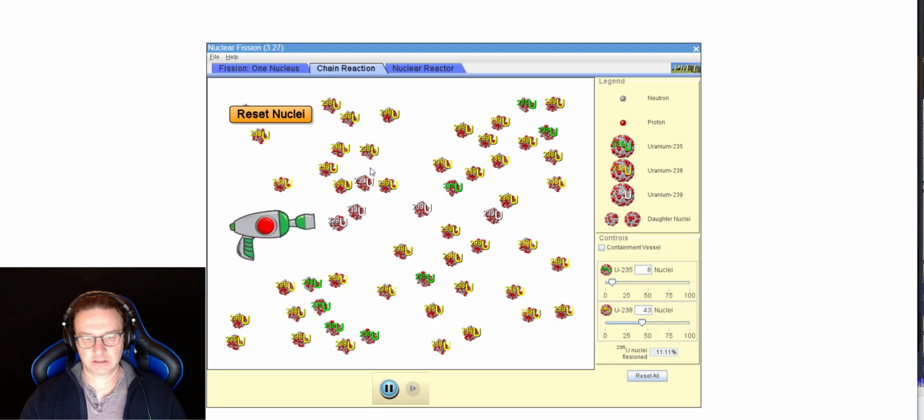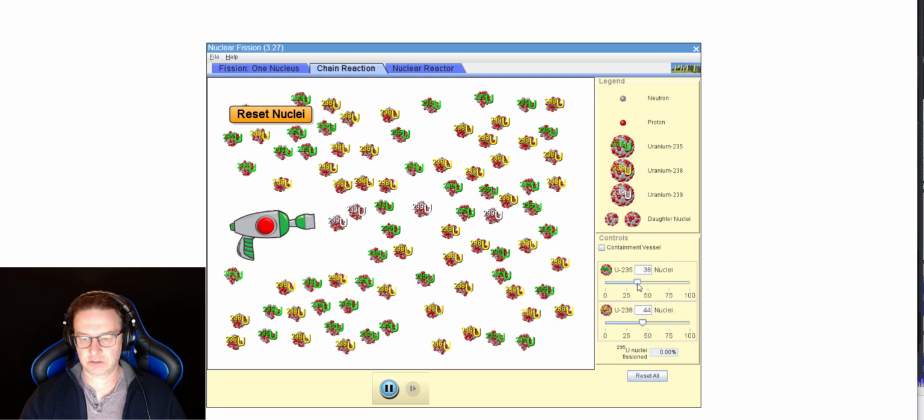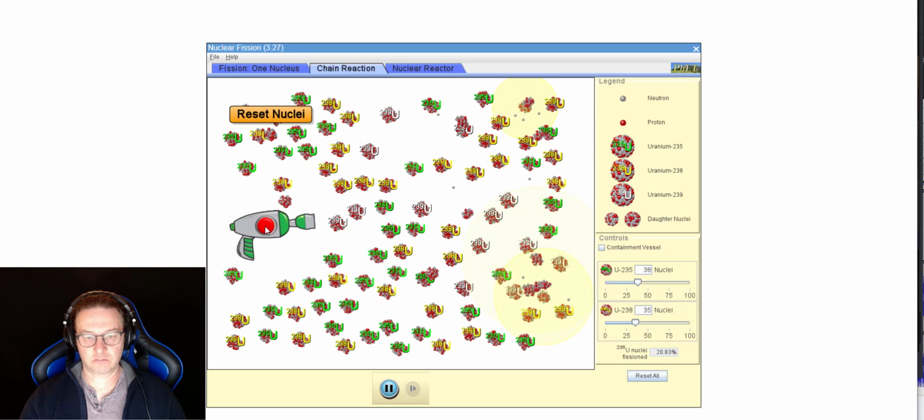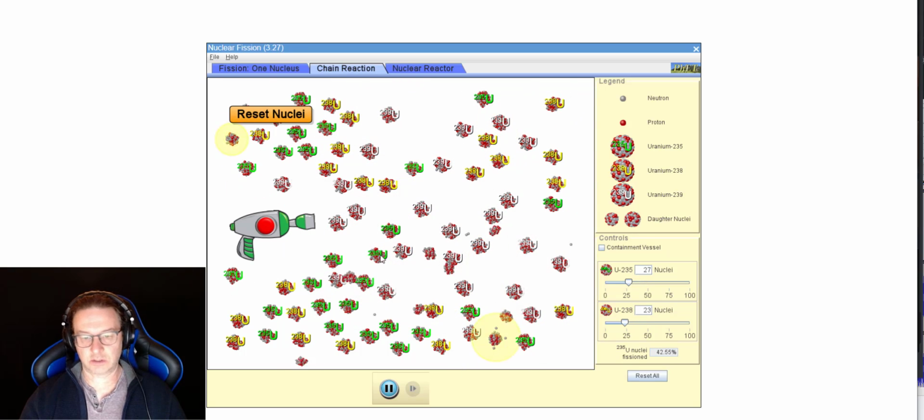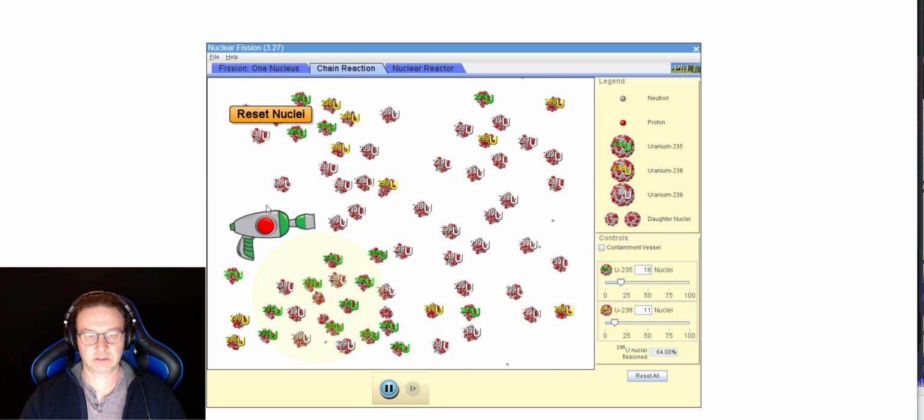You can see that the 238 has turned into 239 now. But when you turn the 238 into 239, it just sucks up and absorbs that neutron, as opposed to the 235, which breaks apart and spits out more neutrons, which can then go on to interact with other atoms.